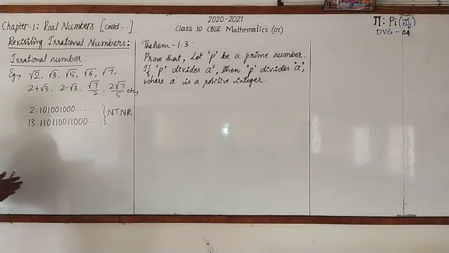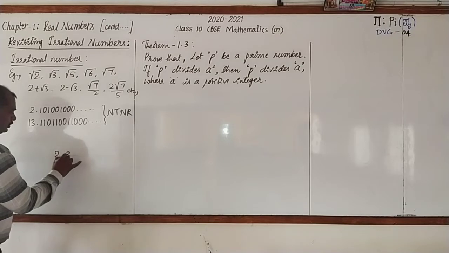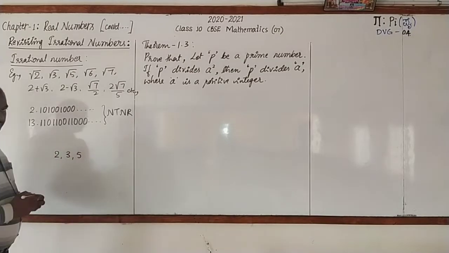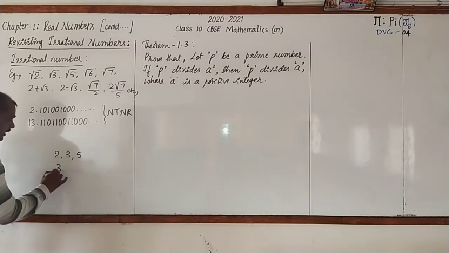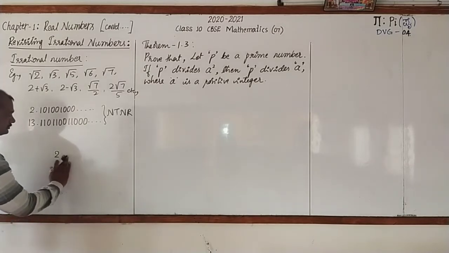Now let me introduce both of them. Just look here. Here I am going to write some numbers. You have to tell what these are. 2, 3, 5. What numbers are these? These are all prime numbers, right?